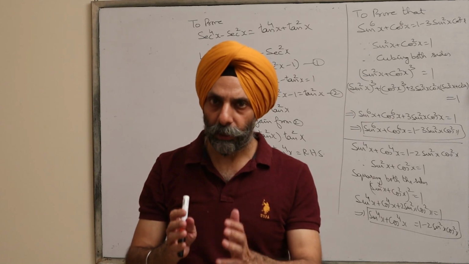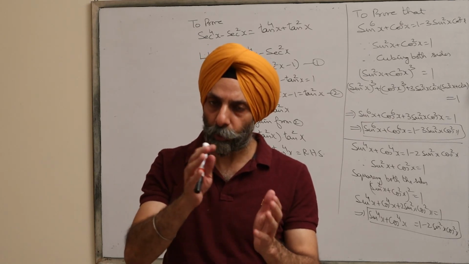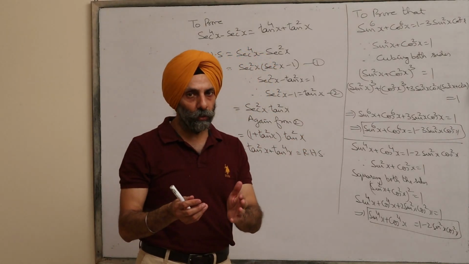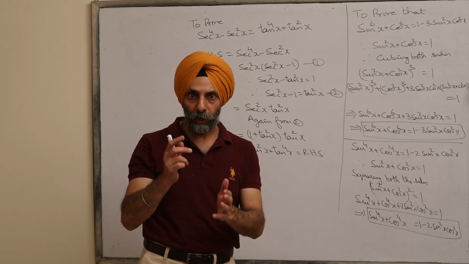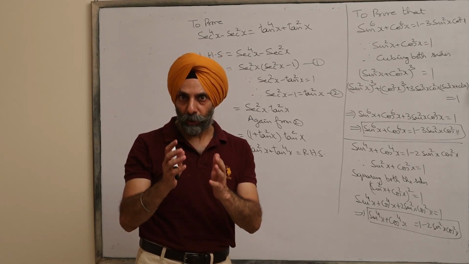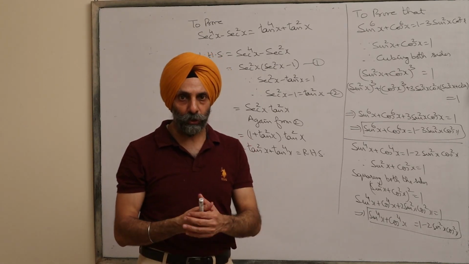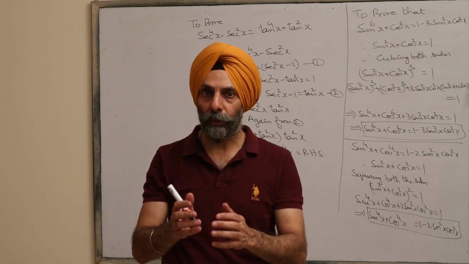Only thing is, again and again, you should try to solve these questions, you should keep on doing these questions, because trigonometry requires a lot of practice. There are certain topics in which you require proper application of the formulas, but in trigonometry, of course, you need to apply the formulas properly, but you require a lot of practice.